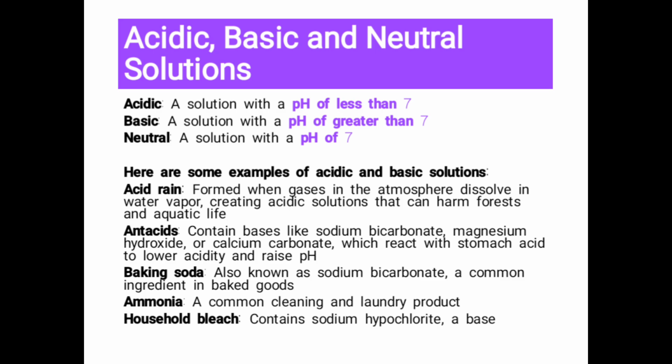An example of a basic solution is what is known as the antacid, also called laxatives. Examples are sodium bicarbonate, magnesium hydroxide, or calcium carbonate. They usually react with stomach acid to lower the acidity or raise the pH. Inside your stomach, we have stomach acid, which is HCl.